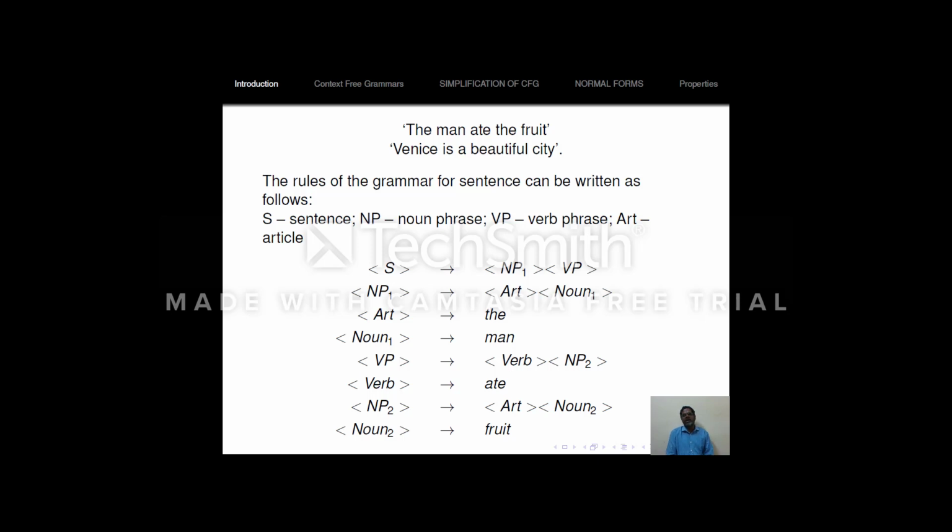So these are called terminals. Yet, the, man, fruit, they are called the terminals. This is the stage where we can't replace those particular words with something else. Whereas S, NP1, VP, they are all called non-terminals or variables.